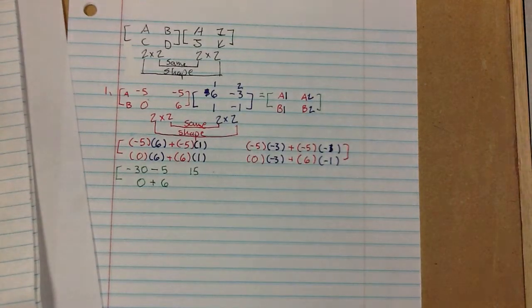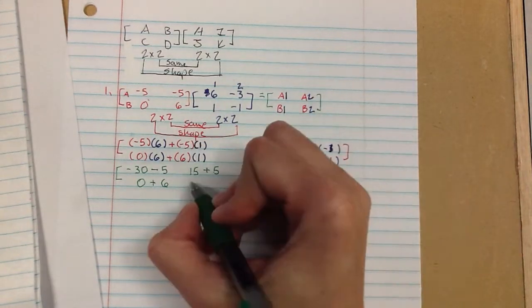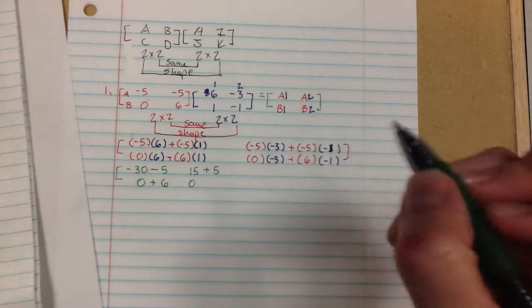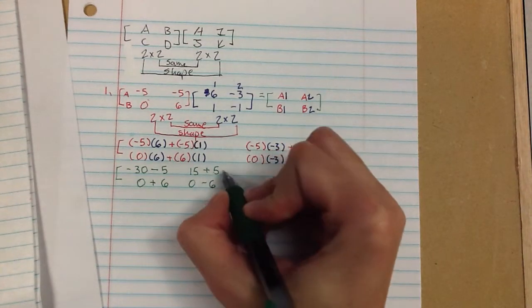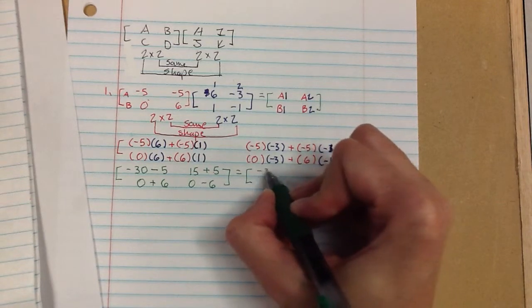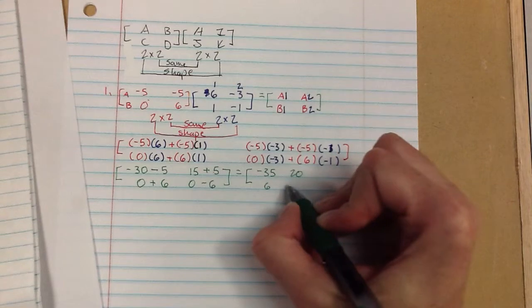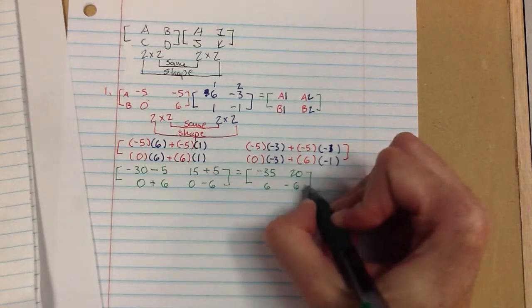Negative 5 times negative 1. 5. 0 and negative 3. 0. 6 and negative 1. Negative 6. Your answer then is negative 35, 20, 6, negative 6.